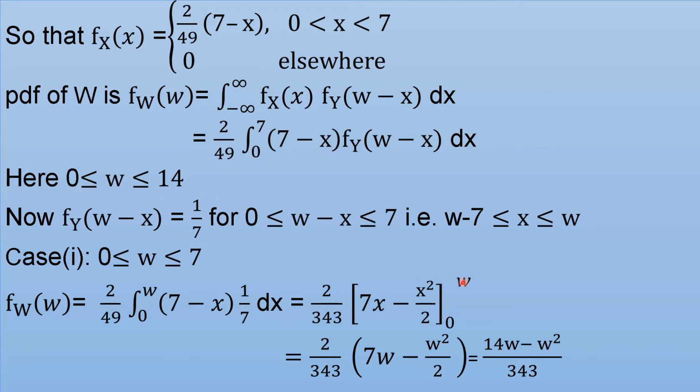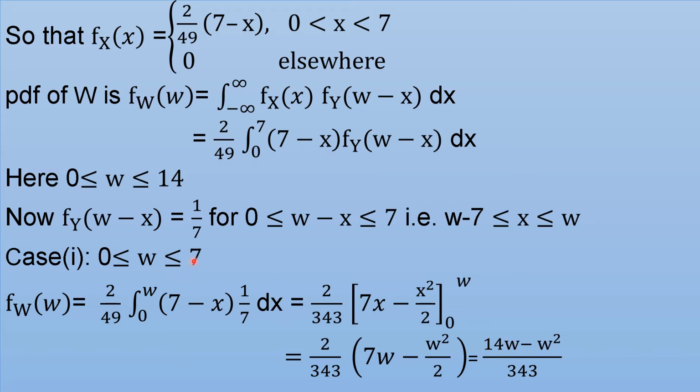Difference at the upper limit w, lower limit 0. So 2 by 343 into, put x as w, 7w minus w square by 2 minus put x as 0, whole bracket will be 0. So 2 by 343 into 7w minus w square by 2 or 14w minus w square divided by 2. 2 cancels, so denominator will be 343, numerator 14w minus w square.